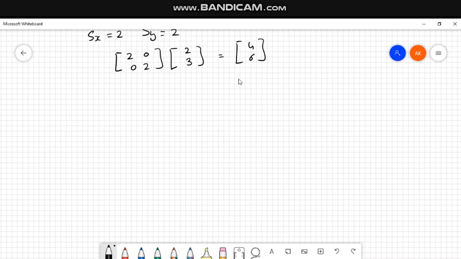Now next that we have to see is rotation. Third one is rotation. रोटेशन में क्या होता है?